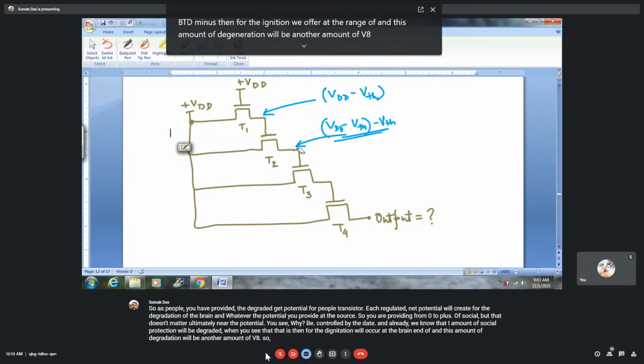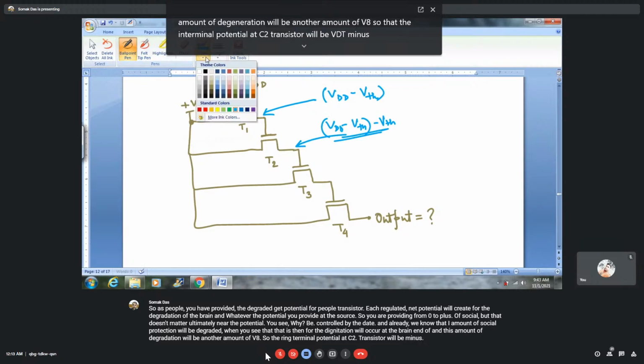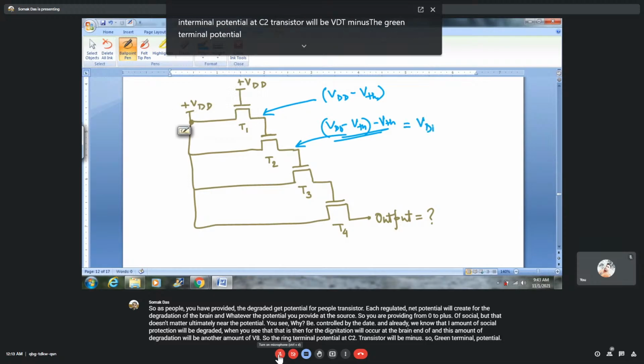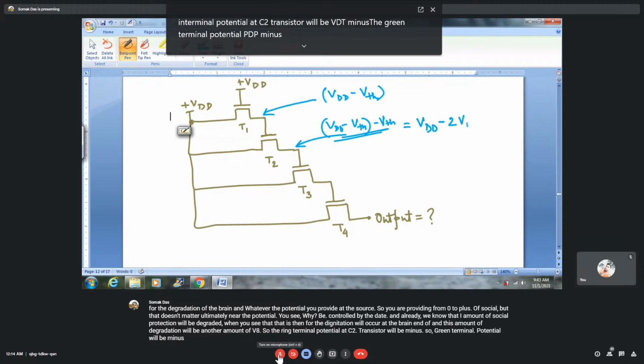So the drain terminal potential at T2 transistor will be VDD minus 2 VTH. Similarly for T3, the drain terminal potential will be VDD minus 3 VTH.